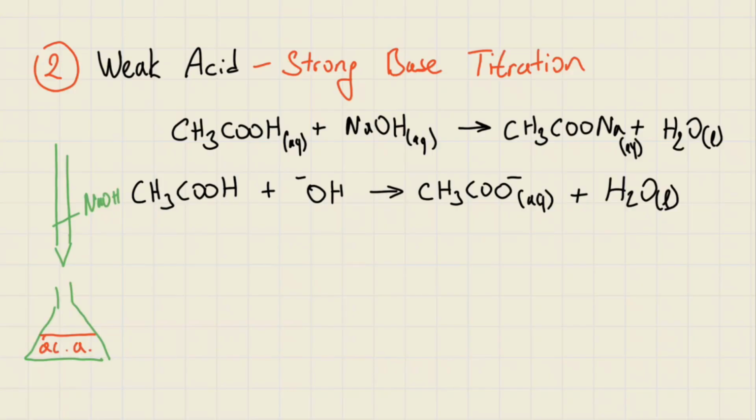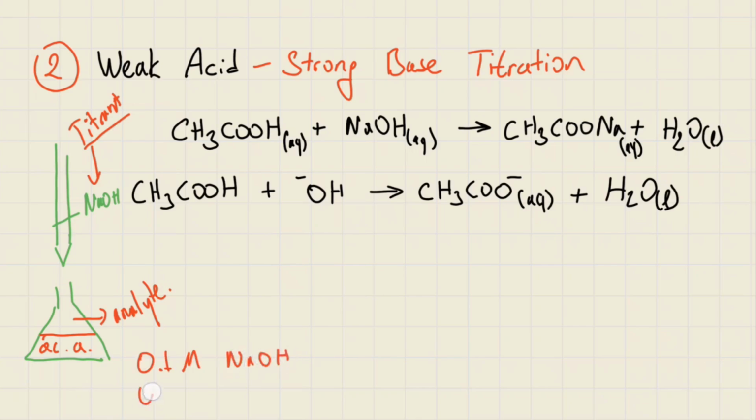So acetic acid is the analyte and sodium hydroxide is the titrant. So this is the system. Again, to keep it simple, the sodium hydroxide concentration is 0.1 molar, and we have 25 milliliters of 0.1 molar acetic acid.